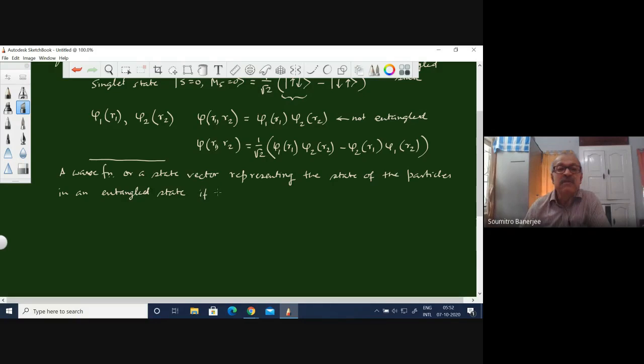Well, if it cannot be expressed as a product of terms, each satisfying the state of a single particle.